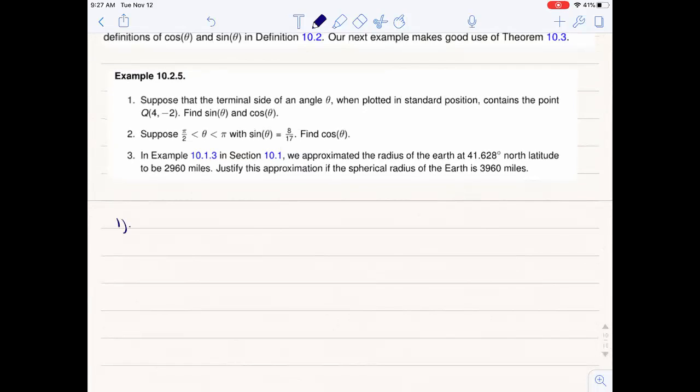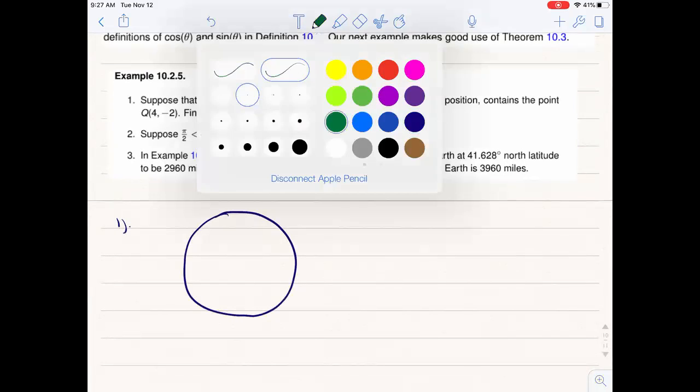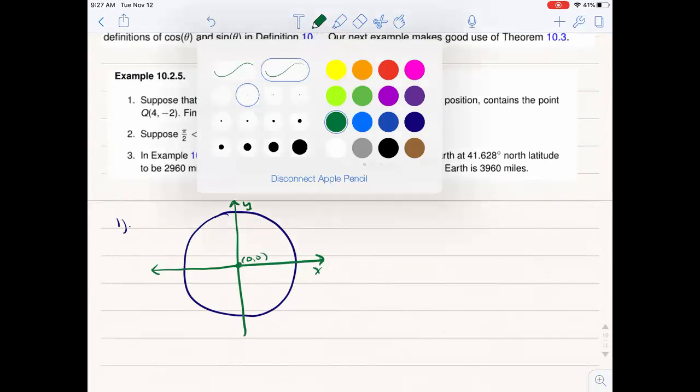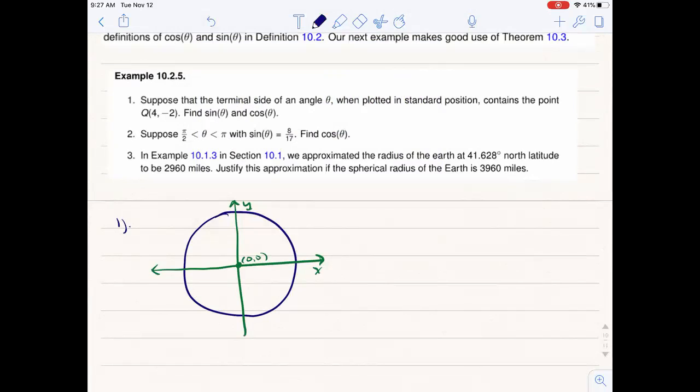So for 1, if we've got a circle, and as long as we remember that we're starting here on the x and y axis at 0, 0, then we're told that the terminal side, starting at the standard position, is at 4, -2. So when x is 4, y is -2.